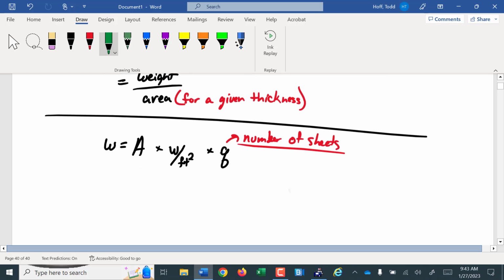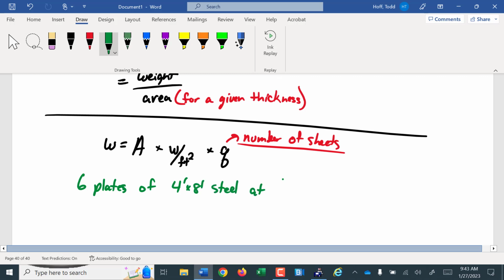So the example we're going to use here, let's find the weight of 6 plates of 4 foot by 8 foot steel at 1/4 inch thick.